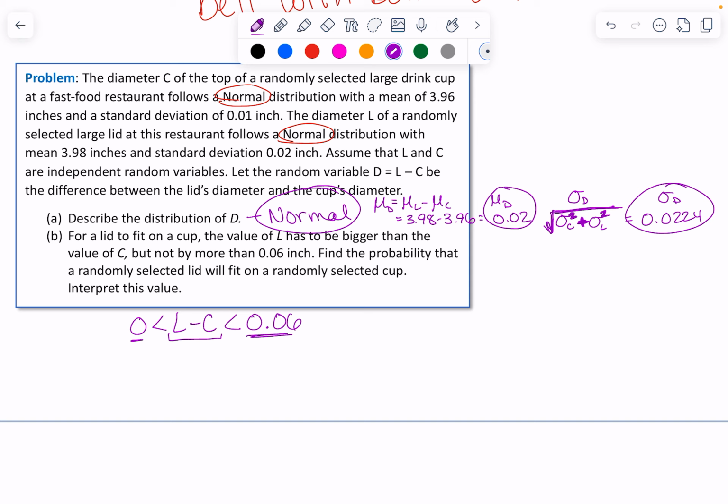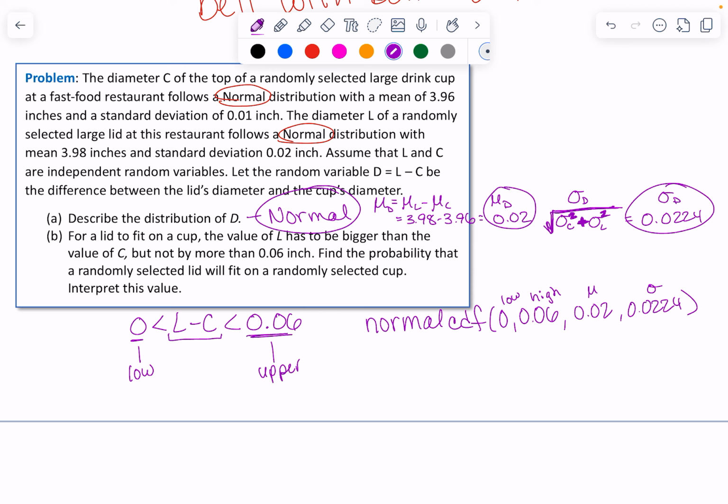Okay, so we just said it was normal. We have the mean, we have the standard deviation, and now these guys are our boundaries. So we're going to do normal CDF. Our low is 0, our high is 0.06. Our mean is 0.02, and our standard deviation is 0.0224.